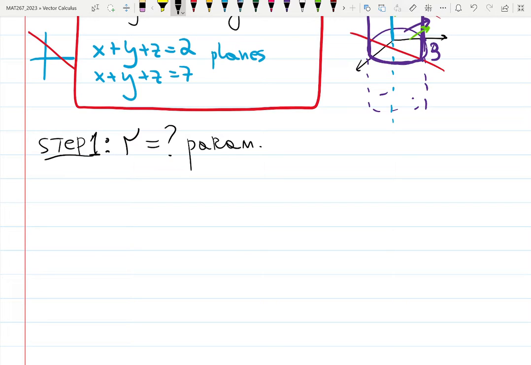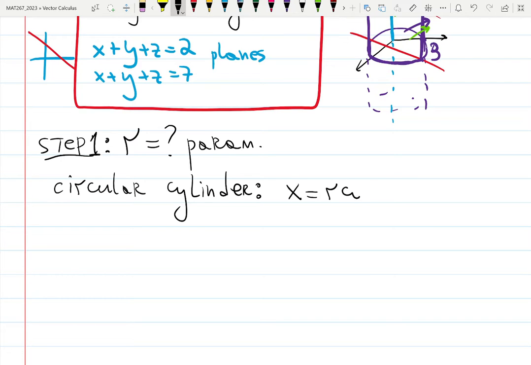It is given as, let's see, so we want to have a cylinder, right? A circular cylinder in parametric form will be x equals r cosine theta or cosine t, you choose.